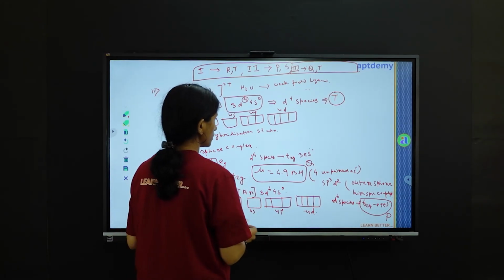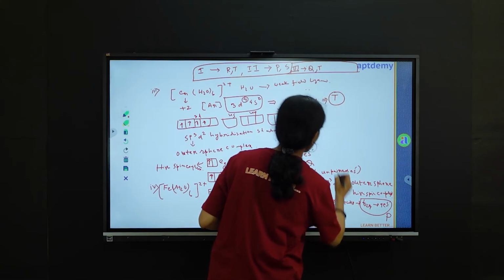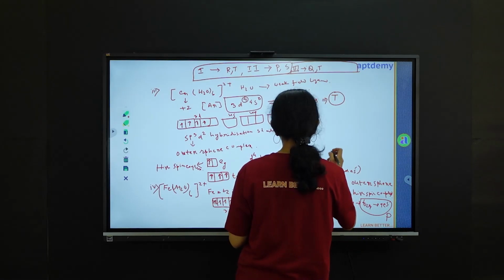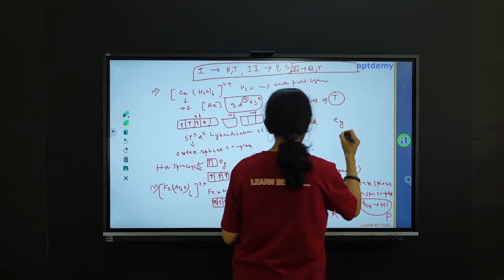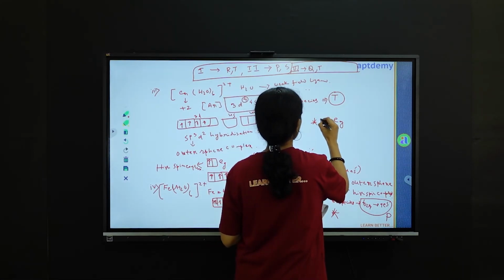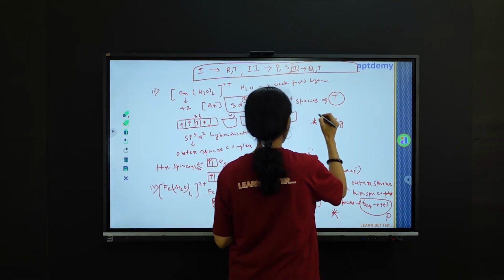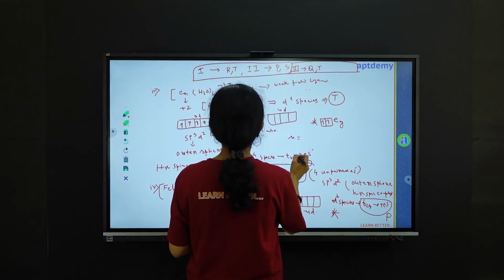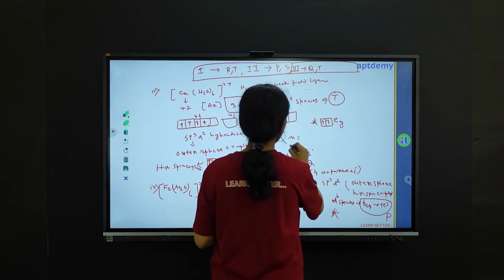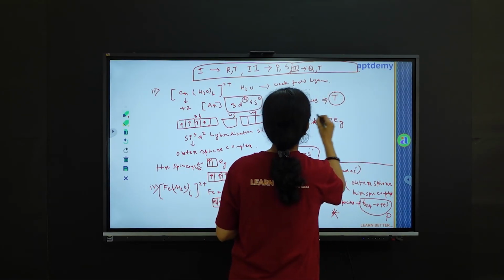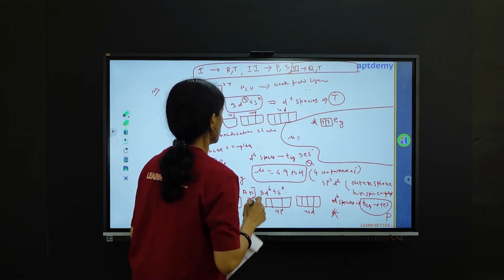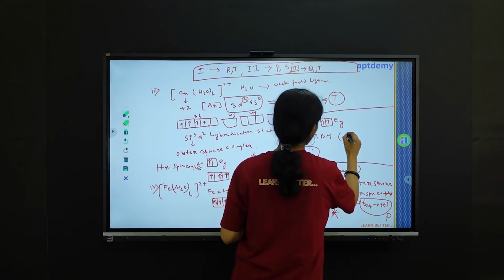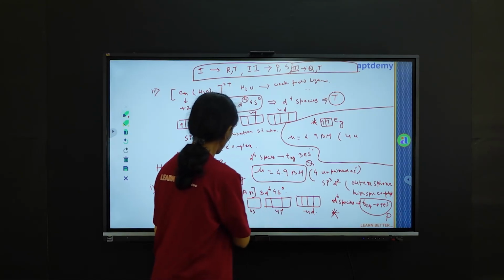So your eg will have 2 electrons because it is a d6 one. And mu is again here 4.9 BM because 4 unpaired electrons are there, 1, 2, 3, 4.